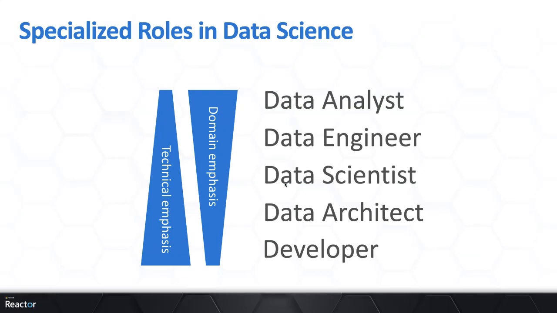Now, as I said, everybody on the team is not going to have the same background. We're going to have some people who maybe are more focused on the domain, some people who are more focused on the development tools and techniques and everything. And so there's actually a wide range of roles. Anything from a data analyst that's going to be more focused on the particulars, down to a developer who could, in theory, build a system on any kind of domain, but they don't have any expertise in any particular domain.